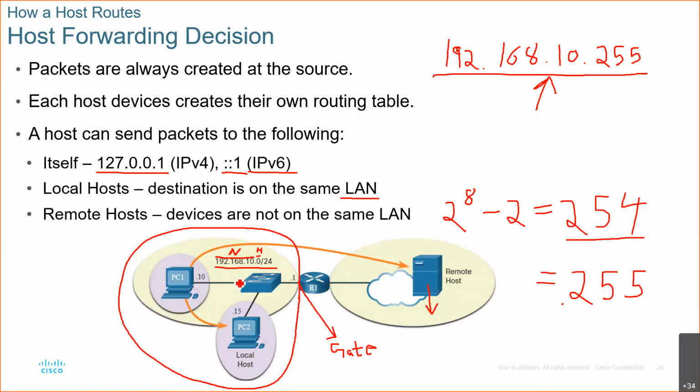A switch is for the same network. When I say same network, I mean the network address of every device is the same. The moment the network address is different, then you need a special machine known as a router.